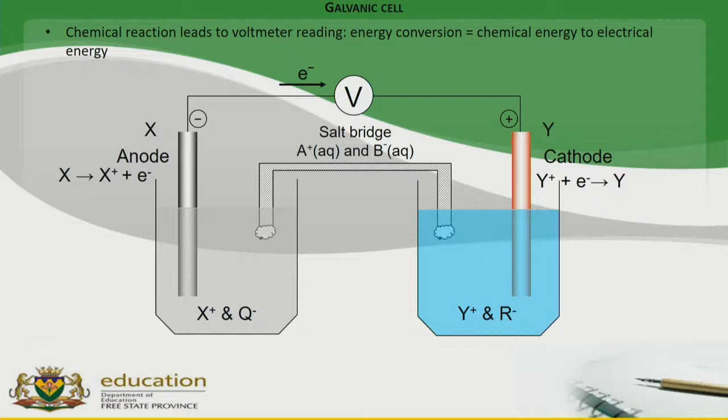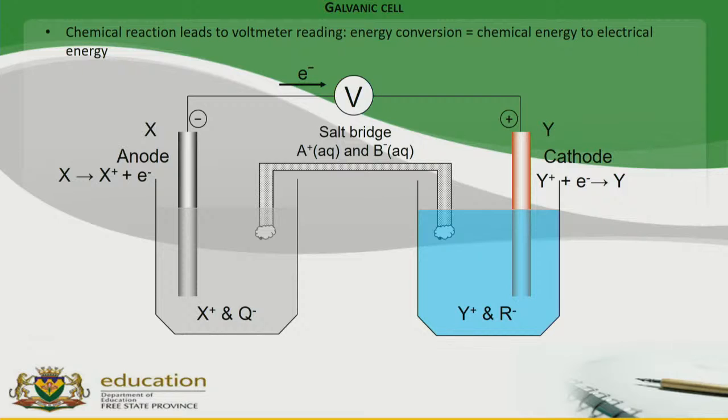Now, in a galvanic cell, for the cell to be functional, the chemicals must first react, and as the chemicals react, you will now have a reading on the voltmeter. So it means the chemical reaction leads to electrical energy.